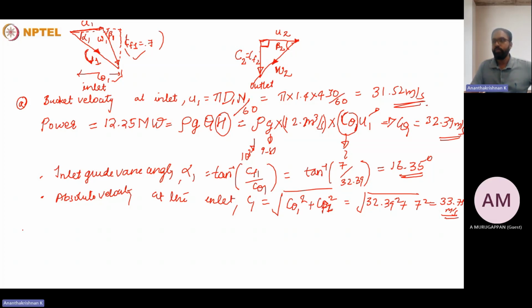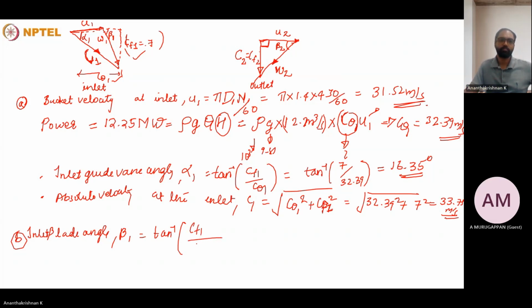The second part of the problem, we need to calculate the entry angle of the runner blades. So we need to calculate the blade angle at the inlet, that is beta 1. We can calculate beta 1 from this triangle. So beta 1 is equal to tan inverse of CF1 divided by C theta 1 minus U1.